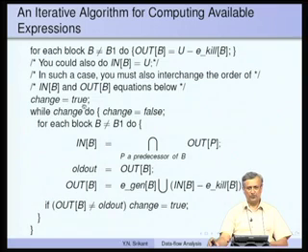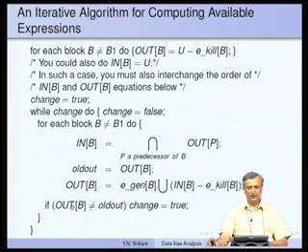Now, change is set to true and while change do. First of all make change false, saying that there is no change in any of the values. So, we may get out hopefully. In b is computed from the equation as intersection of out of the predecessors. We store the old out value as old out b, and out b is computed fresh as E gen union in b minus E kill.